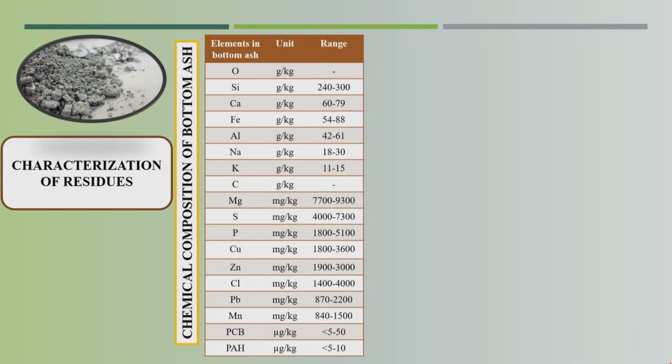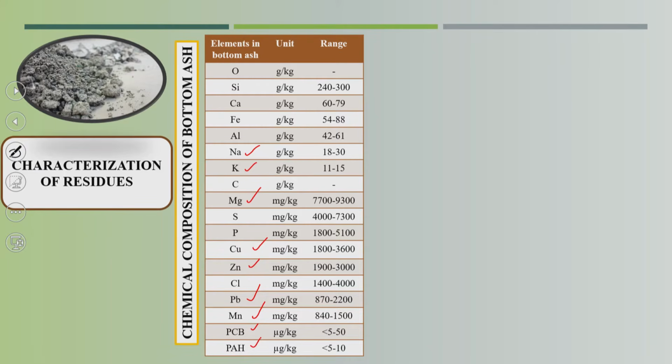Now, the characterization of the residues. You see the chemical composition of bottom ash. There are good kinds of nutrients, sodium, potassium, magnesium available, but it also has a lot of metals, and these include carcinogenic metals, manganese. It even has PCB and PAH also.